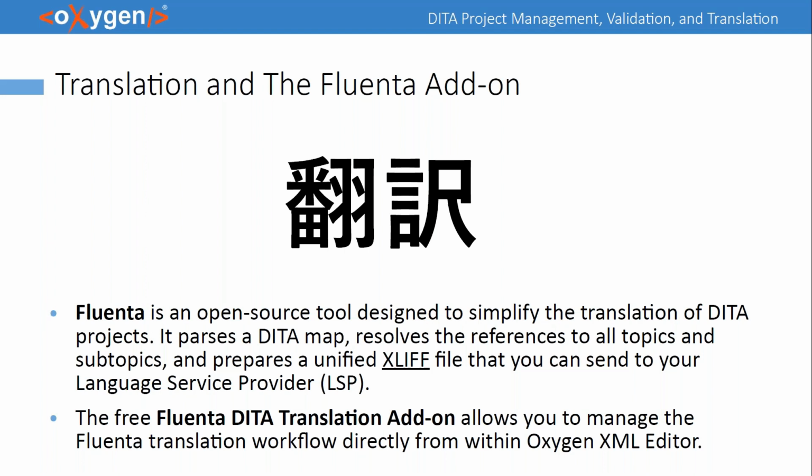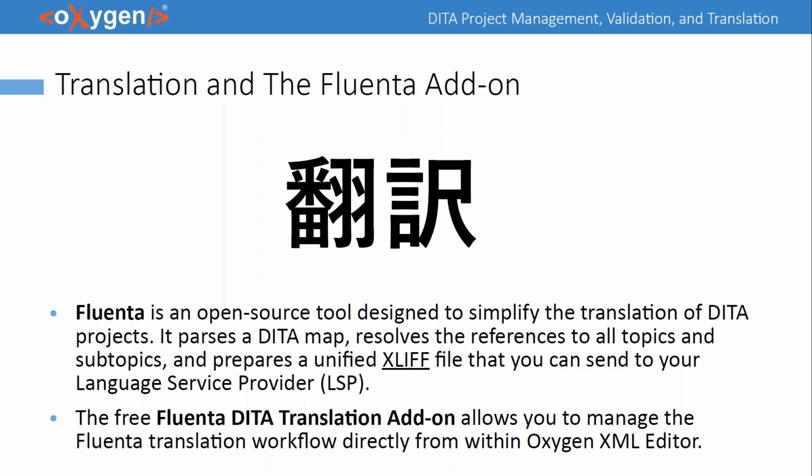It first parses the entire DITA map, and it flattens it. It resolves all the references to all the topics and to all the submaps and subtopics and so on. And you can generate a unified XLIFF file. XLIFF is an XML based vocabulary used for translations.